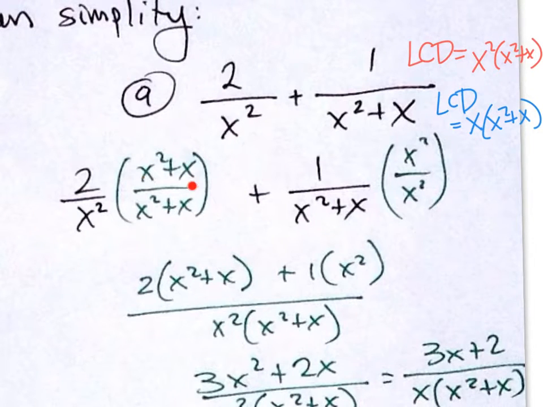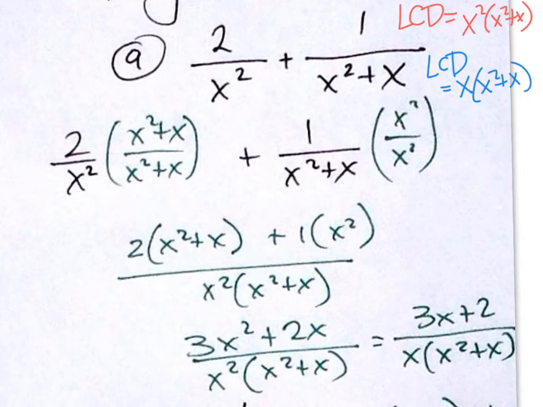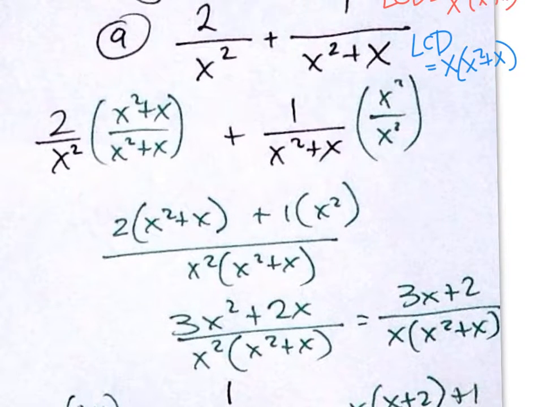This term we multiply by x squared plus x, and this term we multiply by x squared over x squared. And in the numerator we now have this. We're going to simplify this, so distribute here the 2 and then combine like terms. So we end up with 3x squared plus 2x over this.